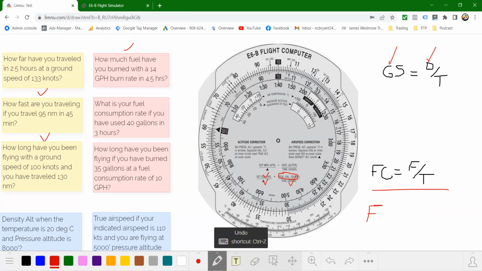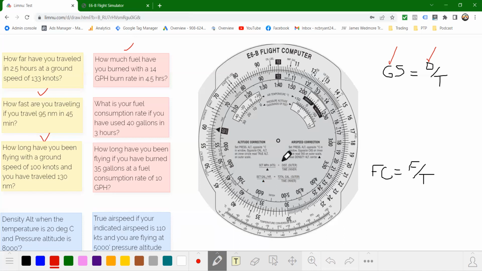Is it logical when you're using these E6Bs? I also do that same thing when I'm using the performance charts and I get my answer, because you get lost in that chart, your eyes are down and you're trying to line up these little lines, and you do five different steps and then you come up with an answer. If you don't sit back and say, does that actually make sense, it's very helpful. All right, so that's that one.